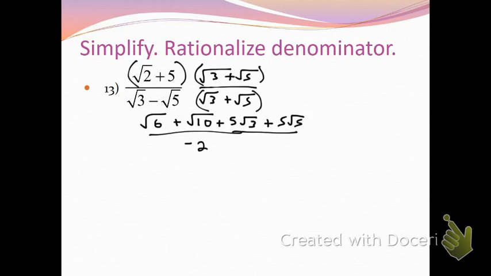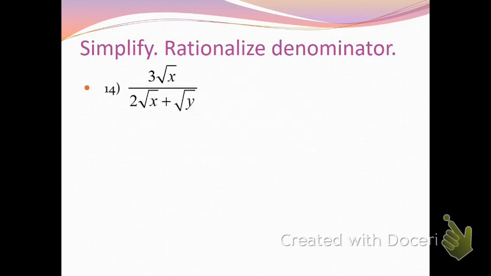And I think that's it. I don't think any of those radicals are going to simplify. There are no like terms, so just finish it right there. Questions? Okay, now you do that one. Go.